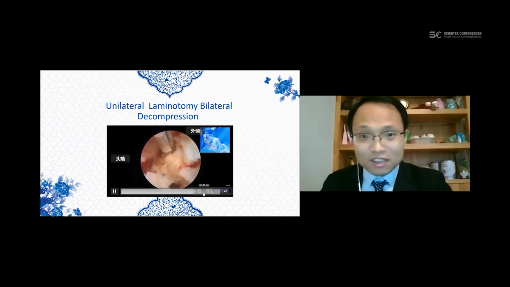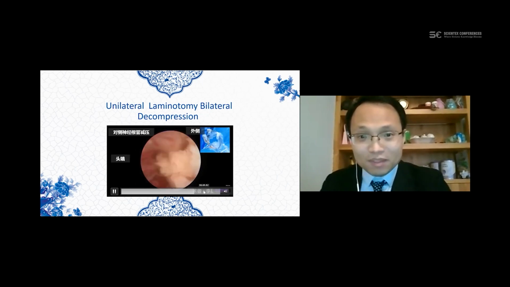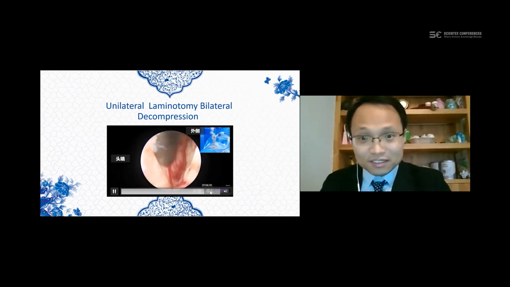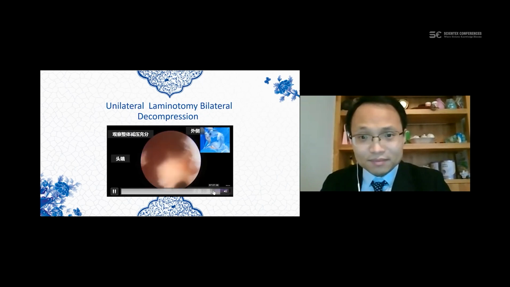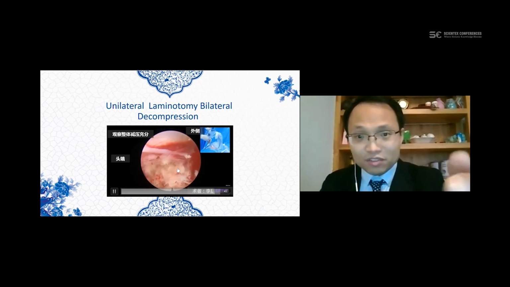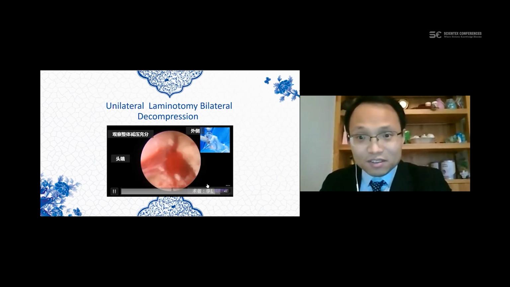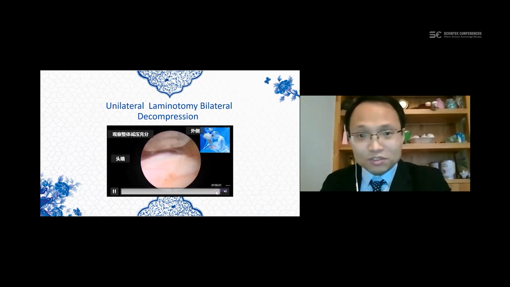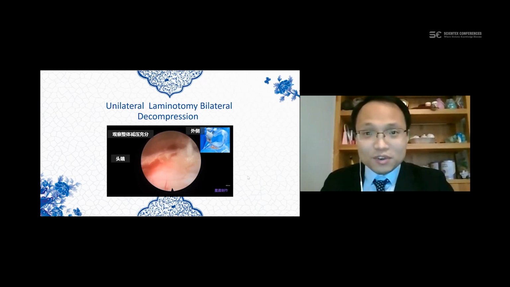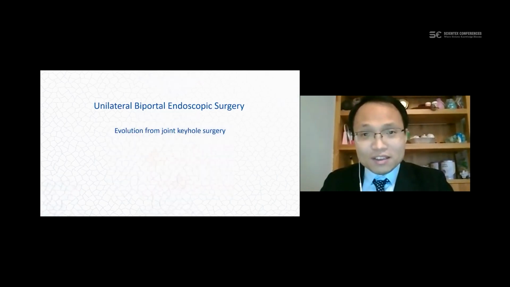That's the contralateral side of the lateral recess, hitting the dural sac, and the ipsilateral side is well decompressed. And the contralateral side is well decompressed as well. This surgery is indicated for bilateral stenosis.